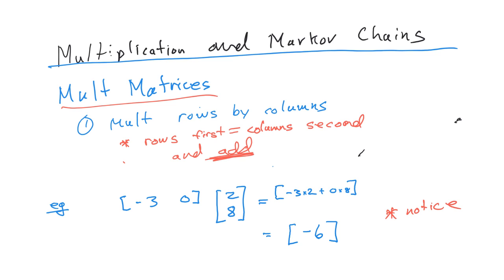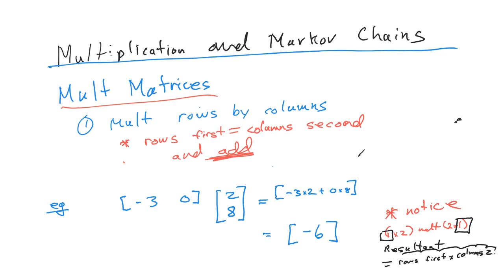When we multiply these two matrices, let's say I have a 1 by 2 and we multiply it by a 2 rows by 1 column, then my resultant matrix will always have the rows of the first by the columns of the second. You'll see what I mean by that.